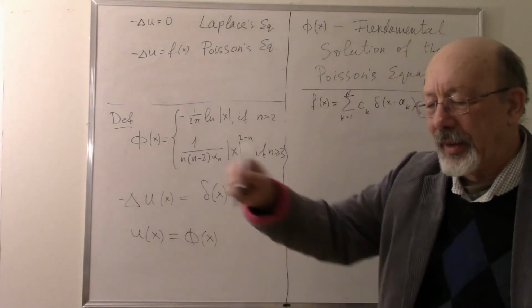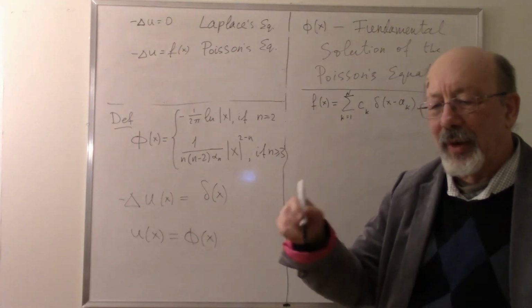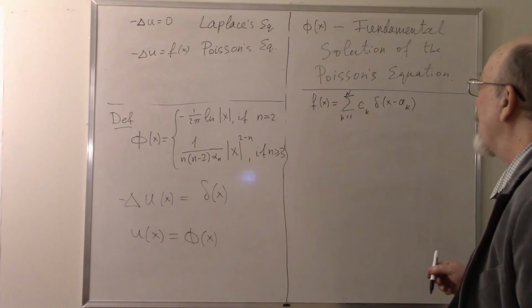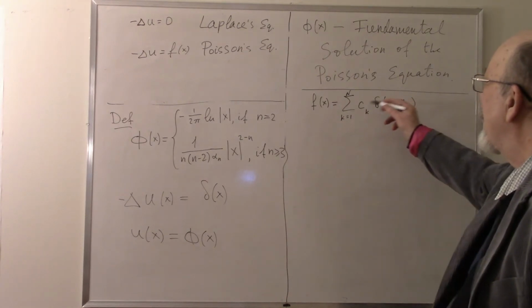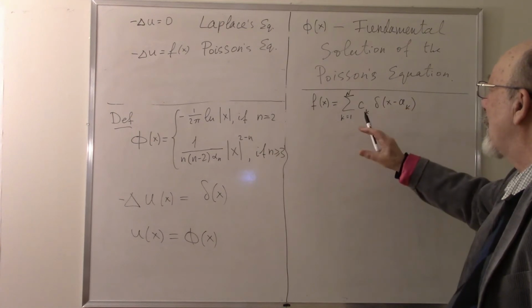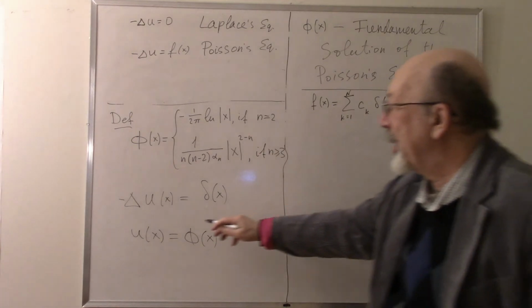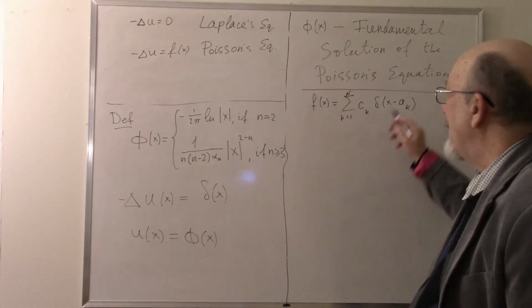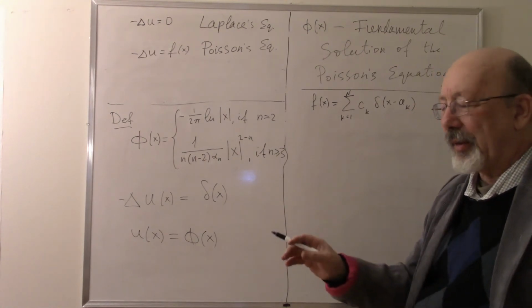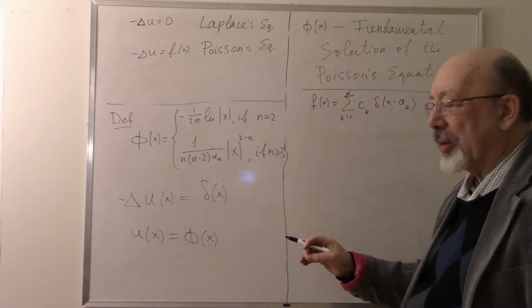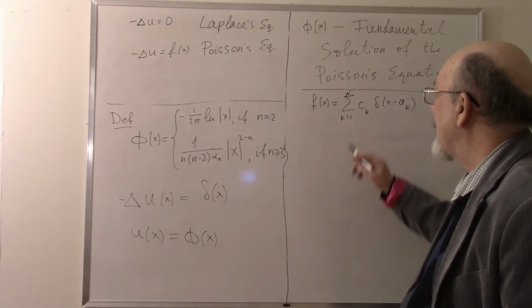So we take several delta functions with the corresponding weights. And then for each of these functions, the solution is the fundamental solution shifted by the vector ak, so that its singularity is at the point ak, and multiplied by coefficient ck.